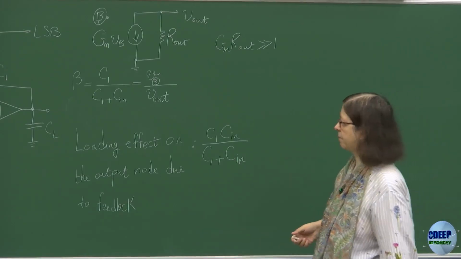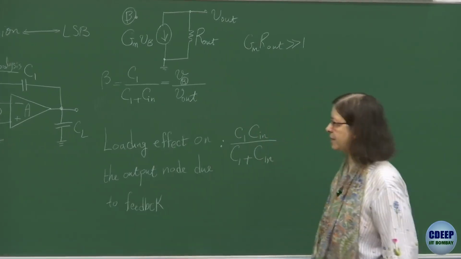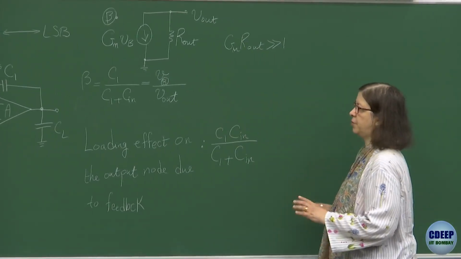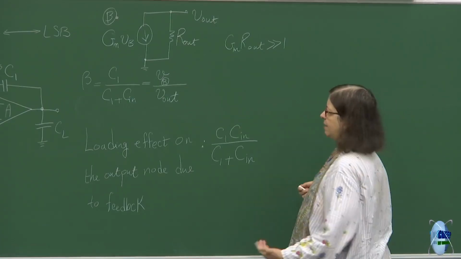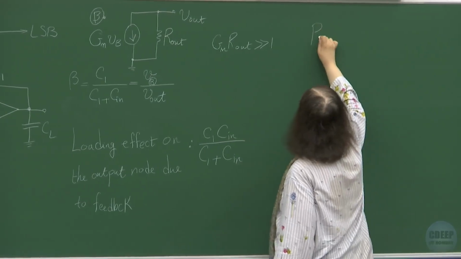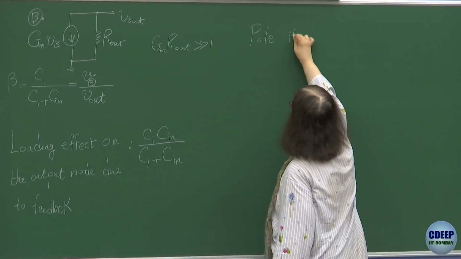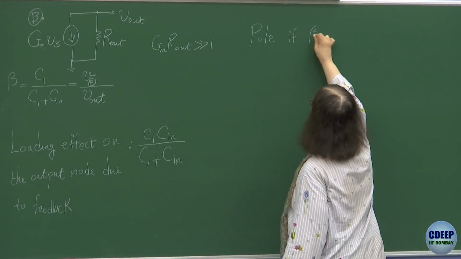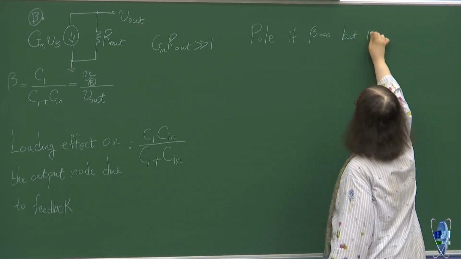Now, let's say we don't have feedback. That means the beta factor is 0. So what is effectively the pole if beta equals 0, but we keep the loading effect?